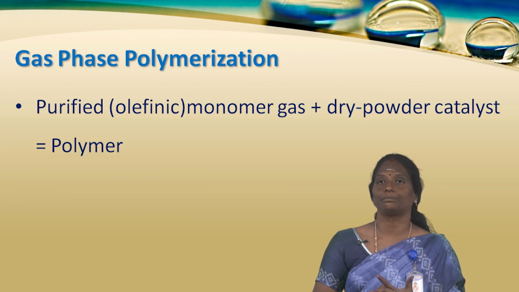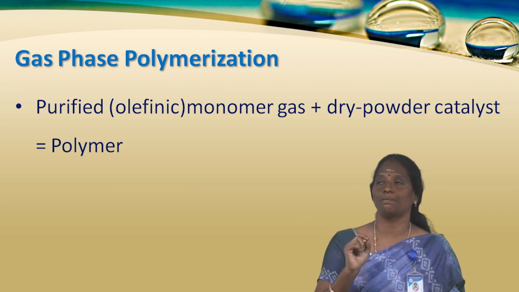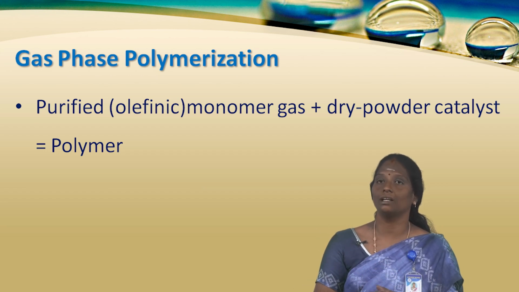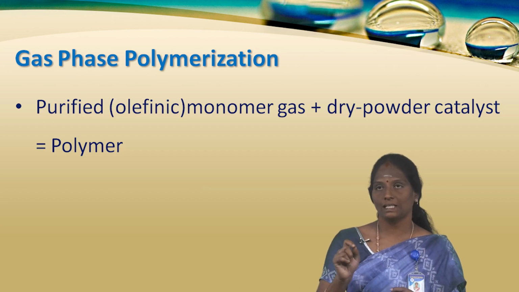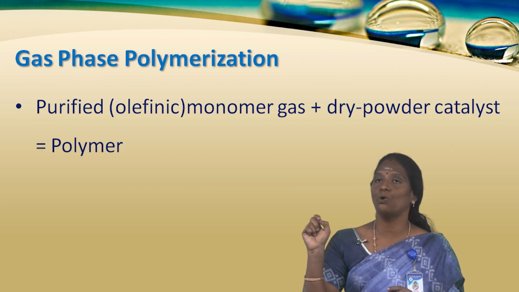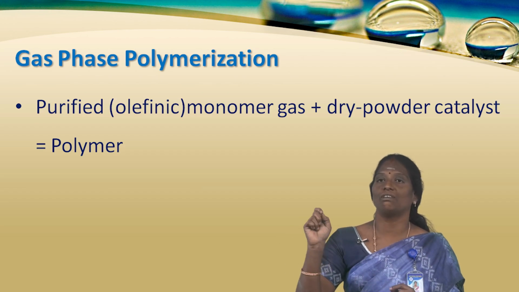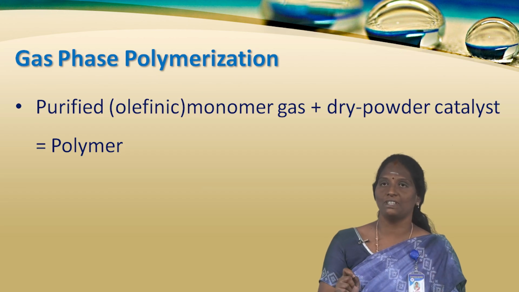Next type, gas phase polymerization. This is also called vapor phase polymerization, also known as gas fluidized bed polymerization. This polymerization technique is used for gaseous monomers such as ethylene, that means low density polyethylene and high density polyethylene, tetrafluoroethylene, that means Teflon, and polyvinyl chloride PVC.